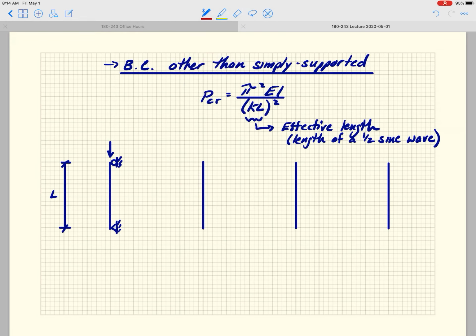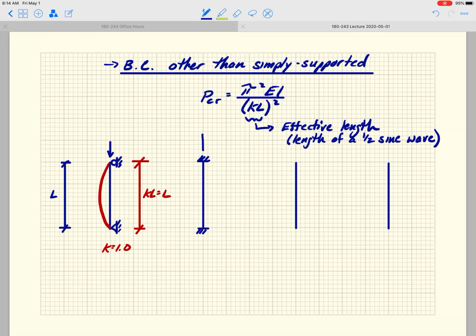And here, just as we've been doing, that's my half sine wave. So my KL just equals L, therefore my K equals 1.0.